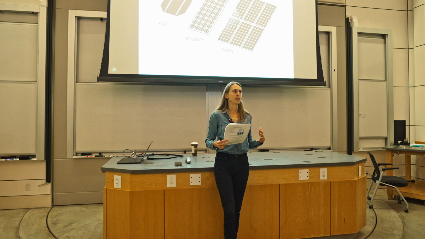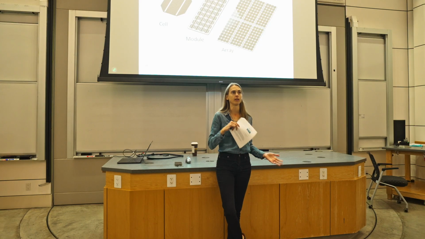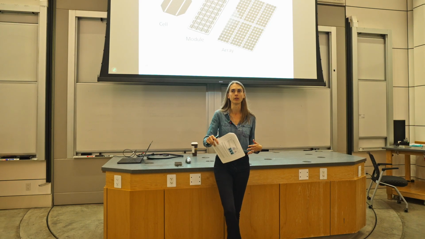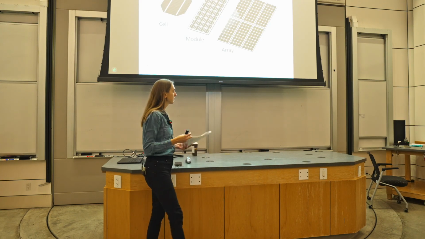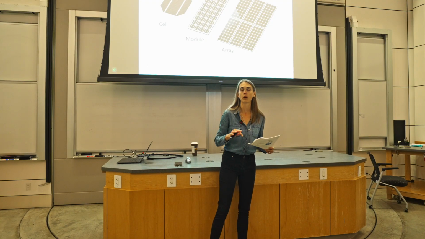So it's similar to the analogy of water flowing through a pipe. If you have a blockage in one part of your pipe, it restricts the water flow in the rest of your pipe. And so because of this, consideration of shading when you're siting your solar project is really important.